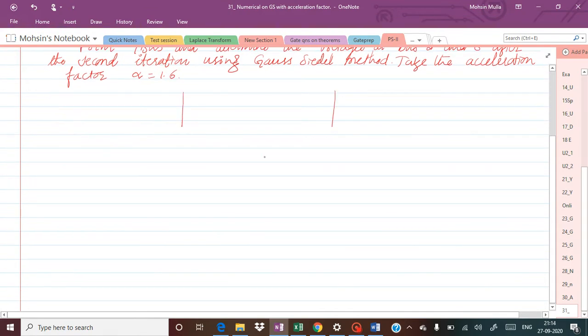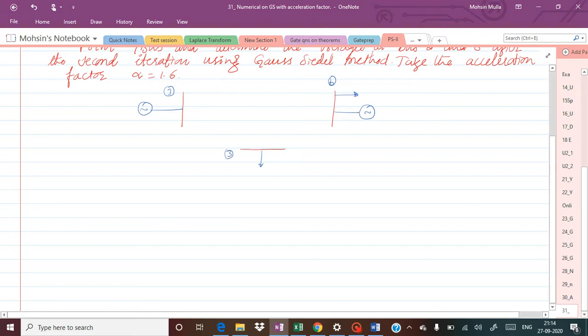So here is the given diagram, a 3-bus system. To bus number 1 a generator is connected. To bus 2 one generator is connected, and also there is one load. To bus 3 there is a load.